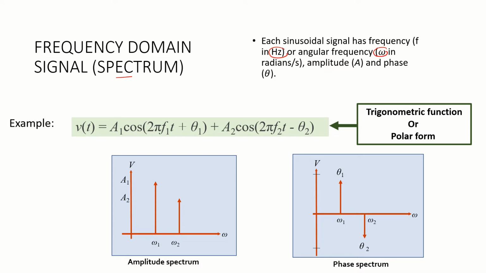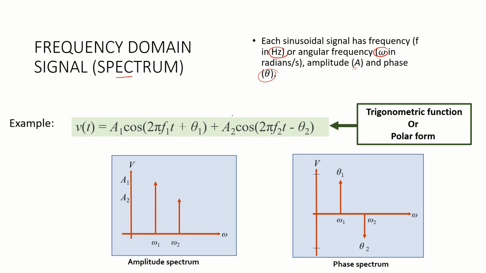So it can be represented in two ways, either hertz or omega. If this is the frequency form, then the amplitude is represented as A and the phase is represented as theta.